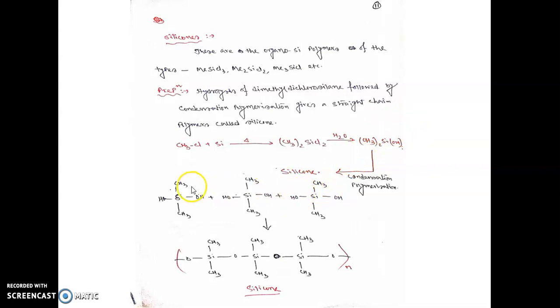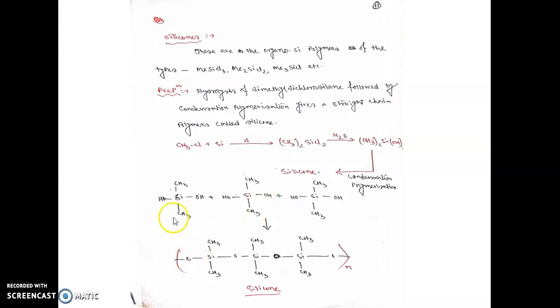Now, these 3 molecules will undergo condensation polymerization. That means water molecules will be eliminated in this way. OH and H will be gone here, and here also OH and H will be gone. Okay, so what will we be left with?